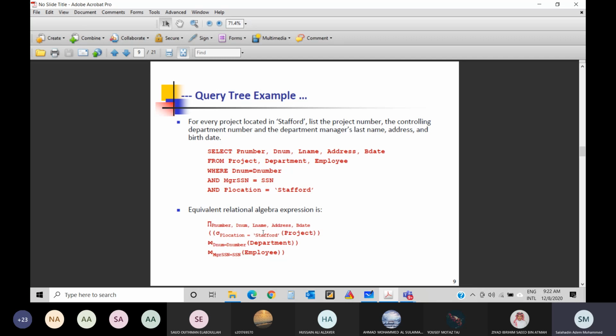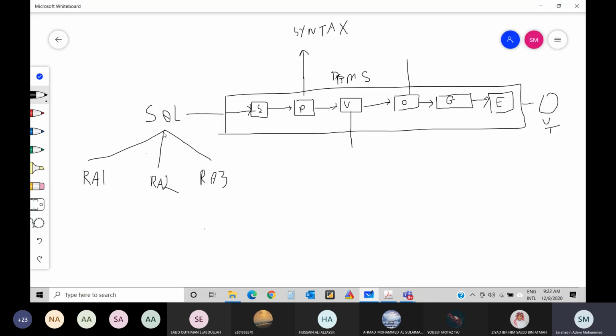Look at this relational algebra, what does it have? It has projection, it has selection, it has join, it has two joins. So this is the relational algebra operator number 1, this is number 2, selection, this is number 3, join. So in fact it was converted into 4 of them. So he converts them into 4. Algebra number 4.